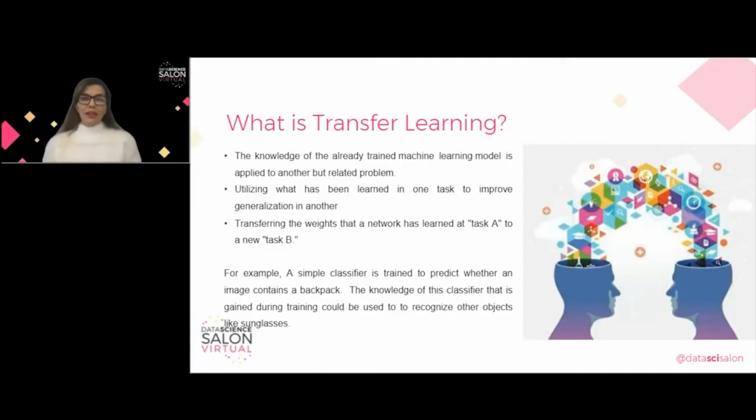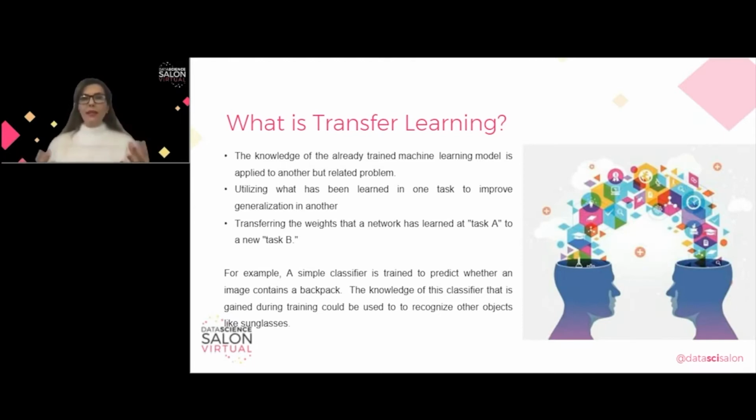When we are talking about transfer learning, as the name suggests, it is basically transferring the knowledge from a pre-trained model to a new model. So assuming that you have two different models and you are trying to utilize one of them in order to get the knowledge and facilitate learning on the new task, that would be the concept of transfer learning.